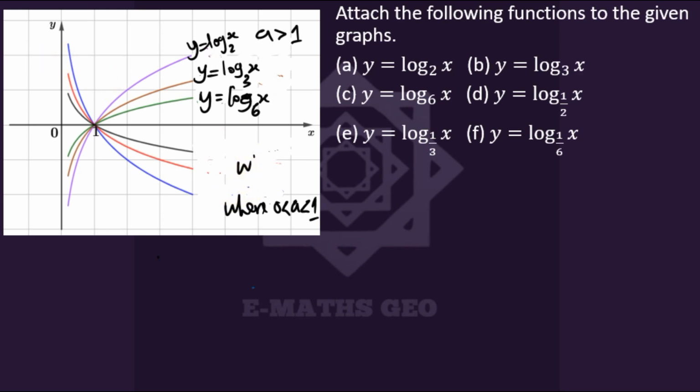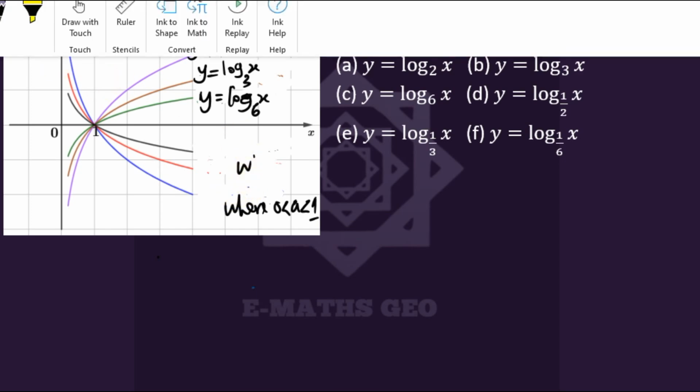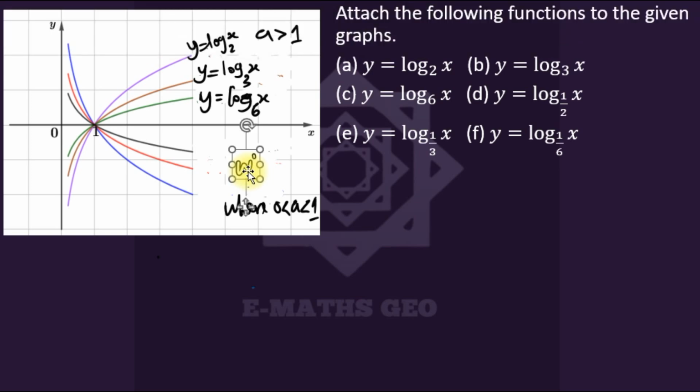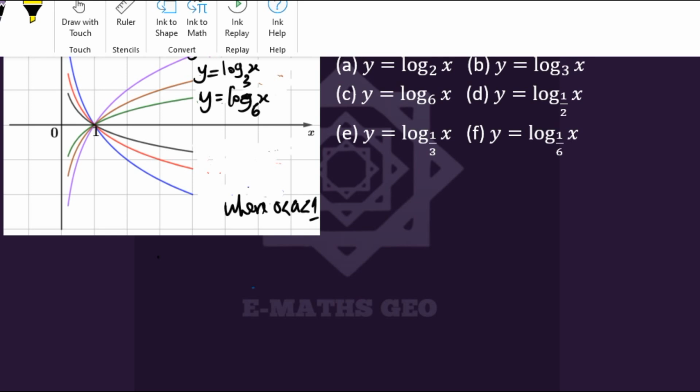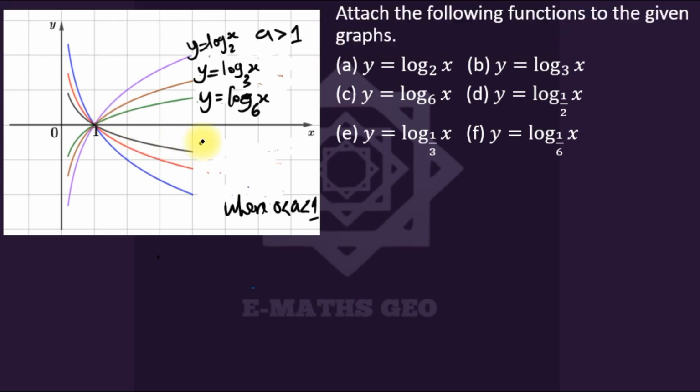While here, the nearer, the smaller the base. That's from here. Among 1 over 3 and 1 over 6, which one is the least? 1 over 6.